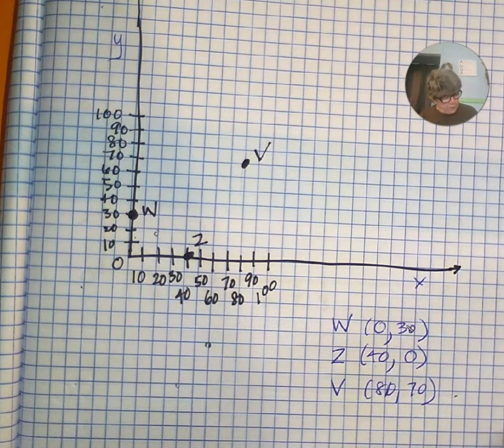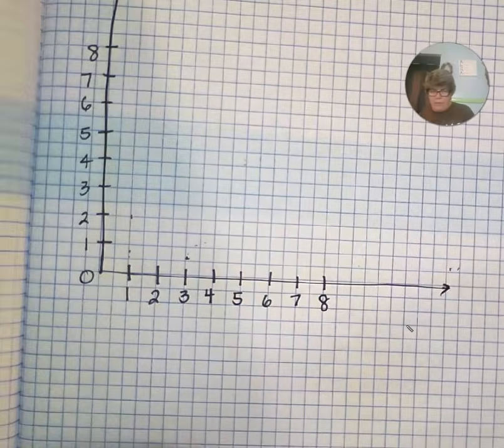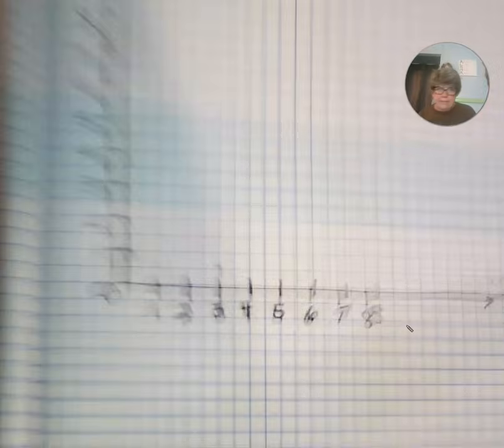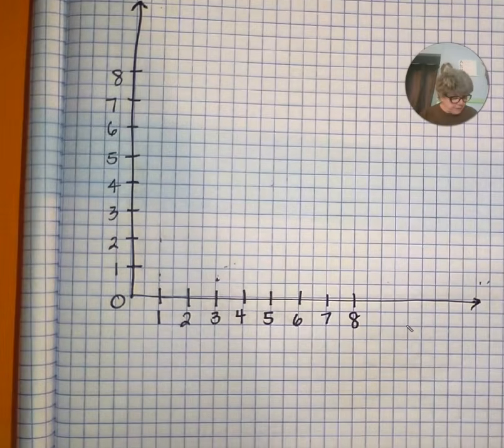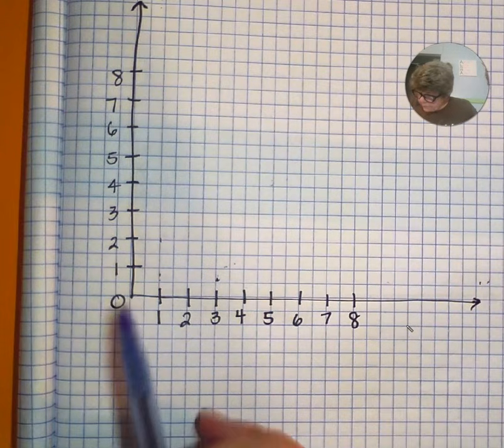Okay? All right. Now also in your book on the back of your magnifying glass page, you have a chart. I think it's labeled A, right? So go ahead and look at A and look at the coordinate plane. Does it have the same scale? What is the scale here?